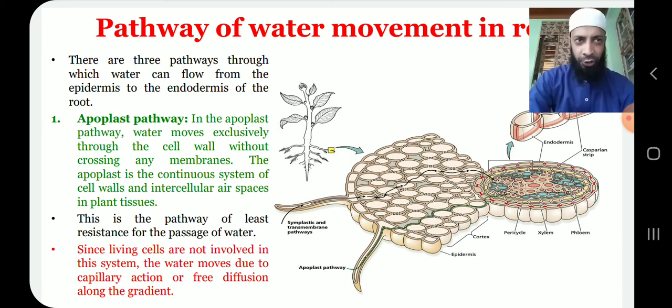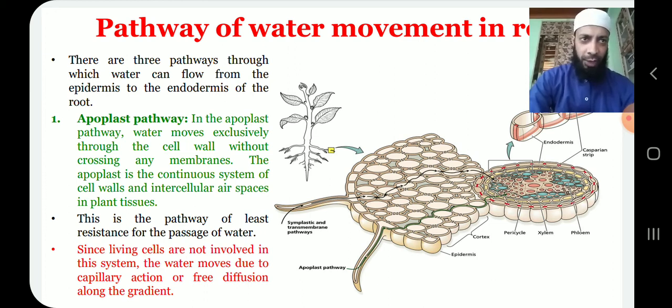Since there are no living cells in contact, no cytoplasm in contact, no protoplasm in contact, that's why it shows least resistance for the passage of water. And since living cells are not involved in this system, water moves either through capillary action or through free diffusion along the gradient, from high water potential to low water potential.